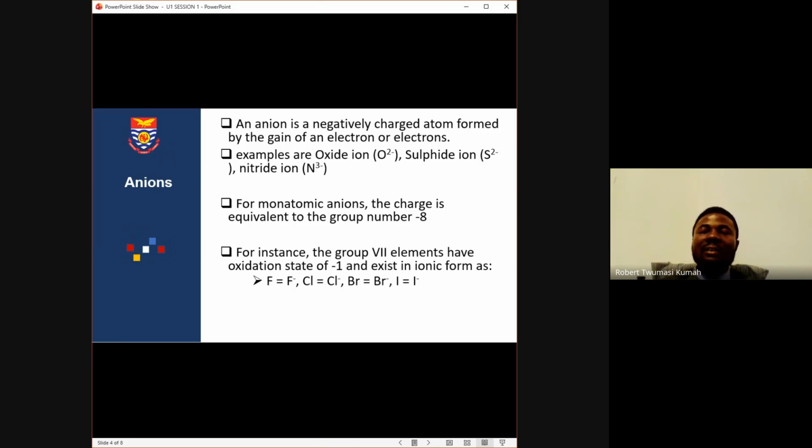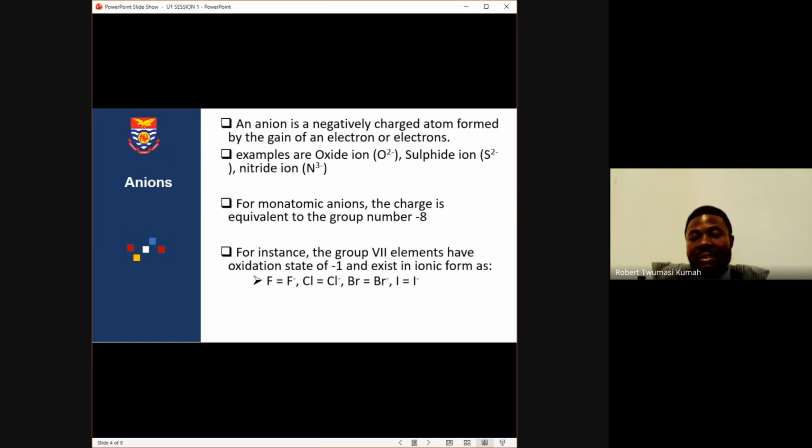It means that they are going to gain the number of electrons that will add to what they have already to make it 8. In that case, they form anions. We talk of an anion as a negatively charged atom formed by the gain of an electron or electrons.